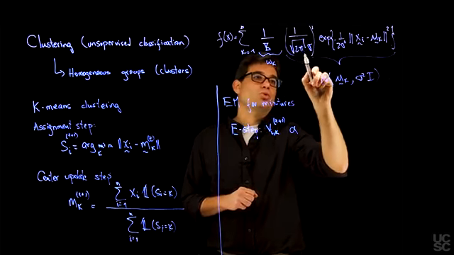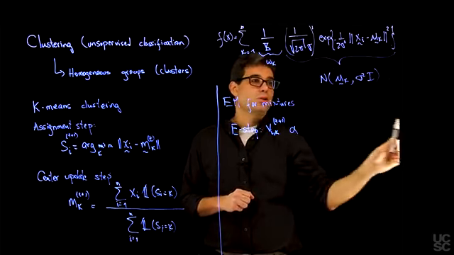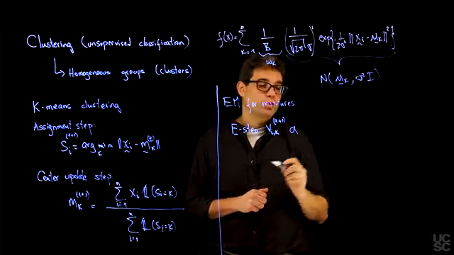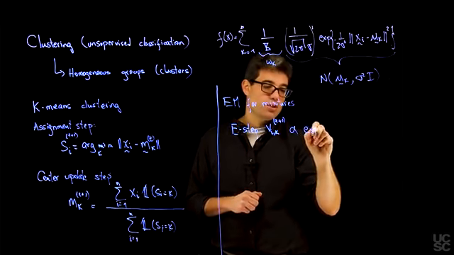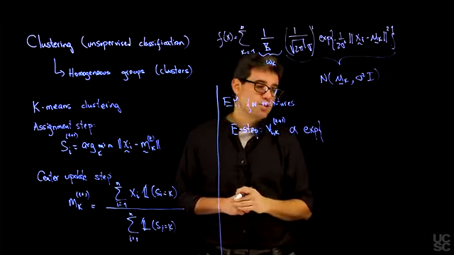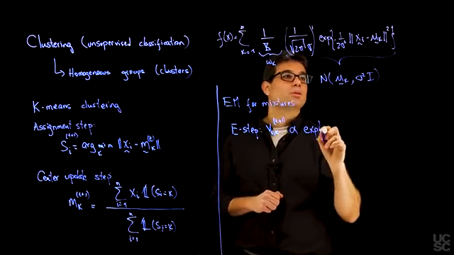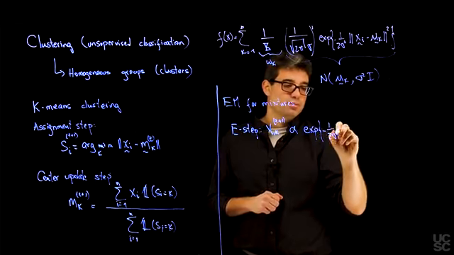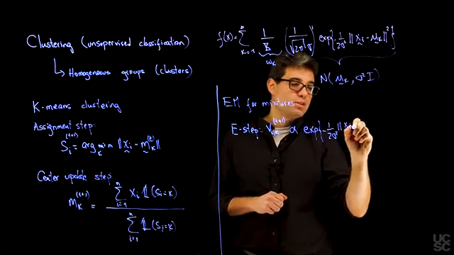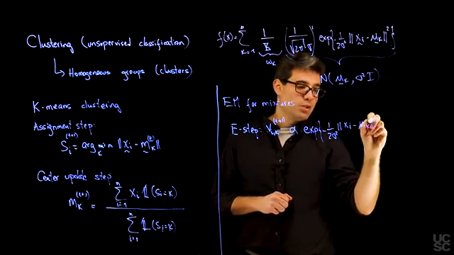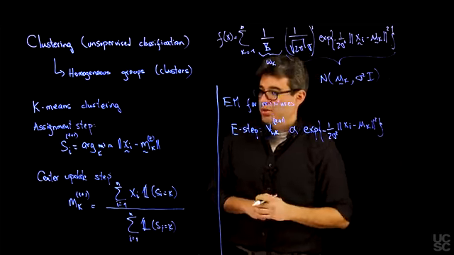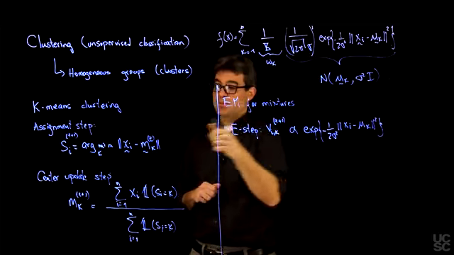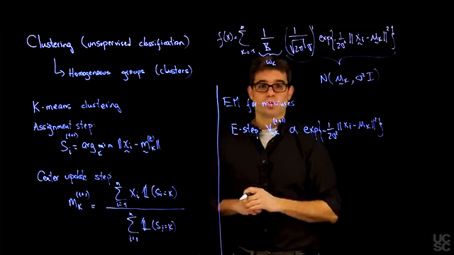And 1 over square root 2 pi sigma is also going to appear in every kernel, so I also don't need to worry about that. So I can just write the rest of the expression, that is exp of minus 1 over 2 sigma squared times the norm of x_i minus mu_k squared. And you can start to see some similarities between the two expressions already.